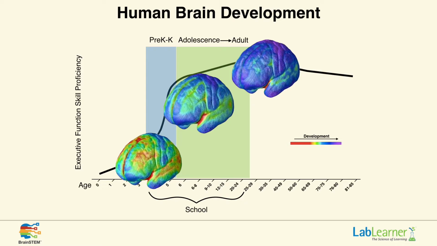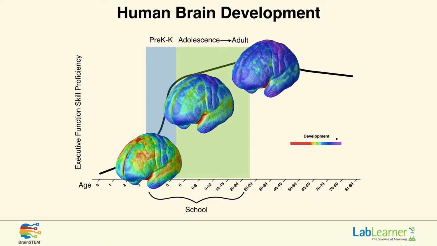So different parts of the brain are developing at different speeds. The front part of the brain, the frontal lobe, is becoming more blue between 3 or so and 5 or 6. That's during that very burst of growth that we see on the graph.